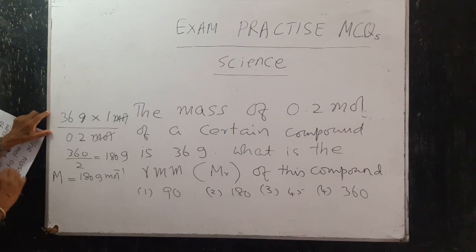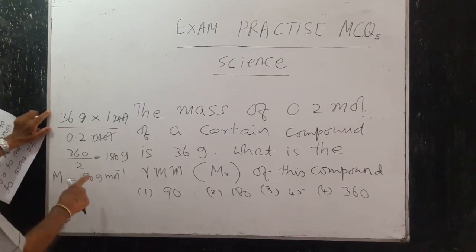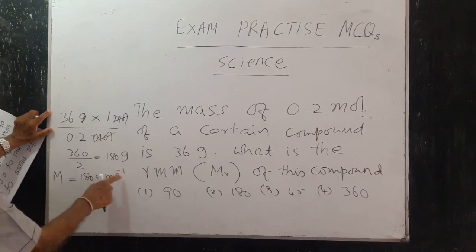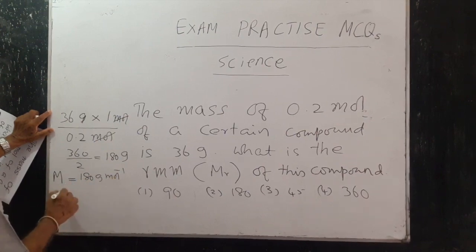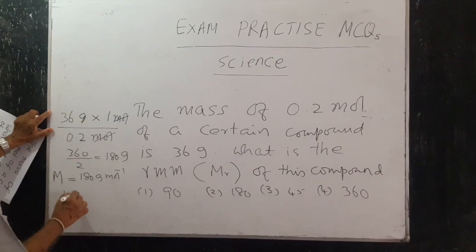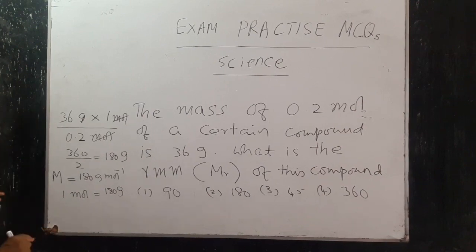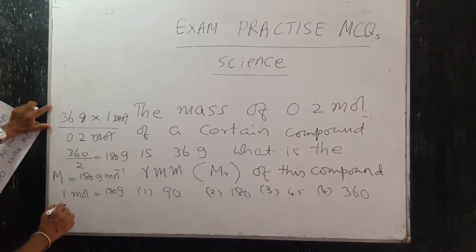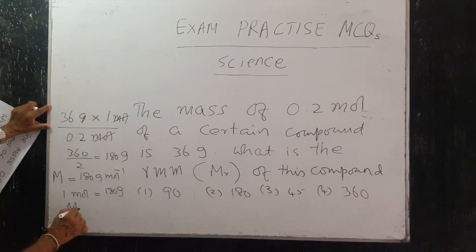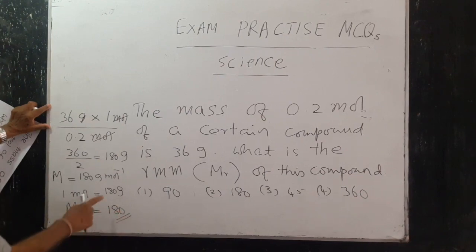Molar mass unit is grams per mole. 180 grams per mole, that is, mass of 1 mole is equal to 180 grams. Therefore, you know that relative molecular mass is equal to 180.